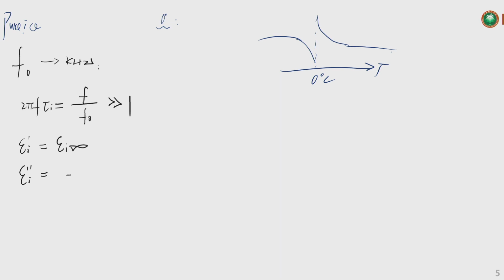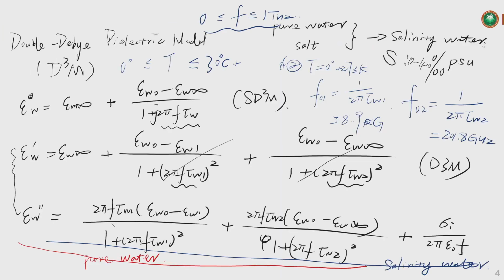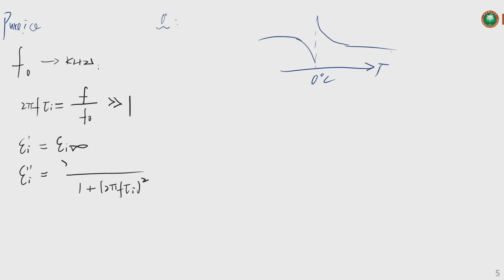So it equals 1 plus 2 pi f tau i squared, times epsilon i node minus epsilon i infinity.